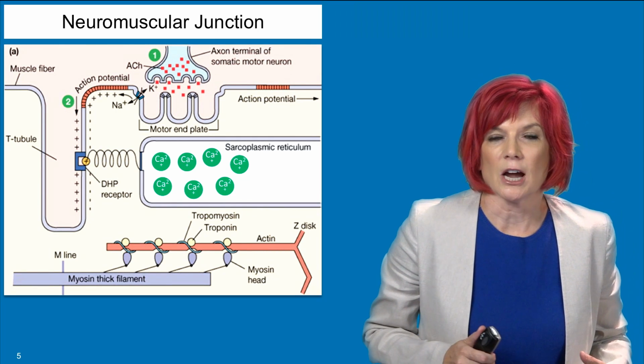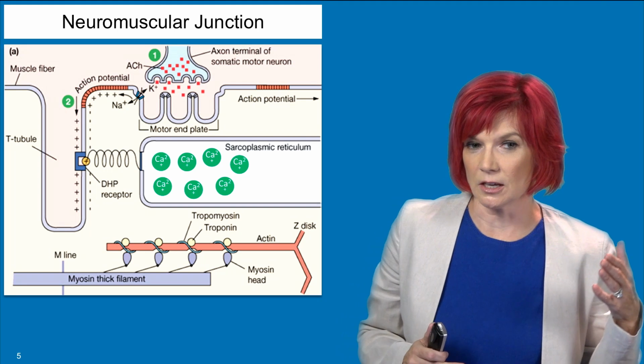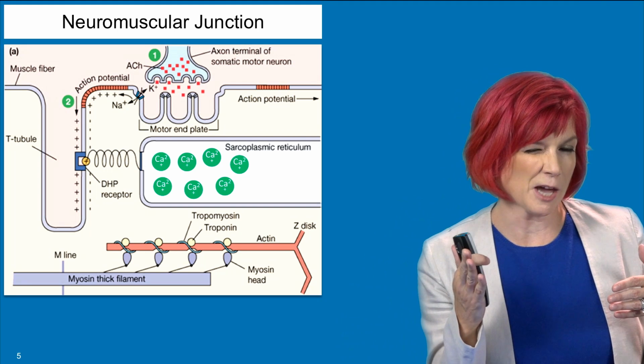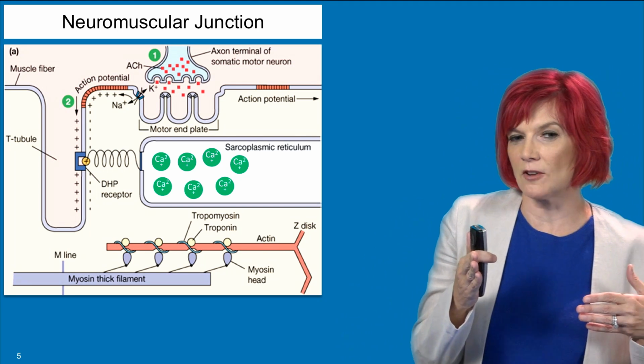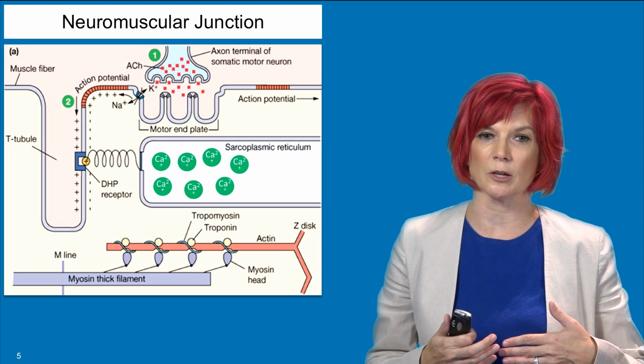So the dihydropyridine receptor is communicating with the ryanodine receptor. Remember, the ryanodine receptor is a complex set of proteins in the sarcoplasmic reticulum.